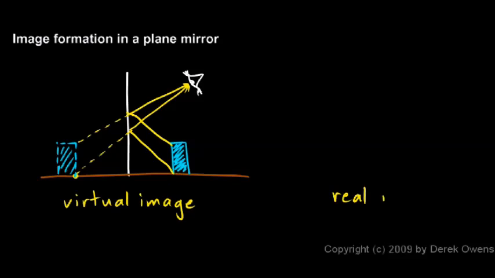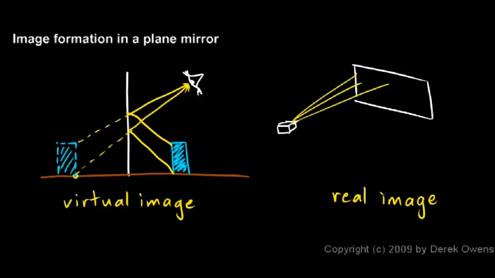A real image forms where light rays actually converge to make an image. And a good example of that would be a movie screen. If you have a movie screen here and there's a projector over here projecting a movie onto the movie screen, then light rays are actually shining on the screen.